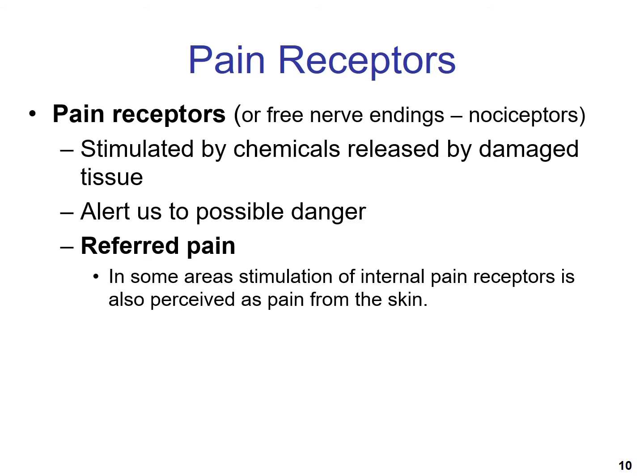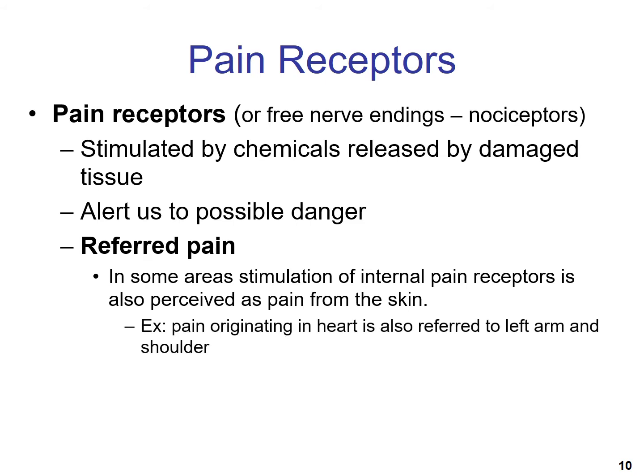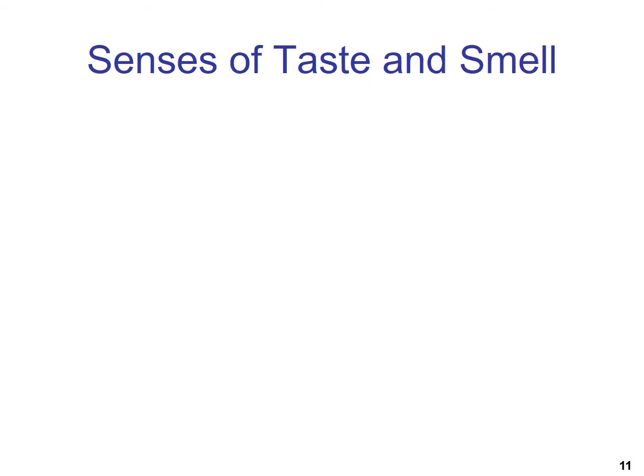It would be like tributaries of a river joining into one main river. How do you tell which water is from which tributary? The answer is you have a harder time detecting that when it's joined the river, and the same thing goes here. I guess that's the analogy I can use. So here's the example that I used already: pain originating in the heart is referred to the left arm and left shoulder.